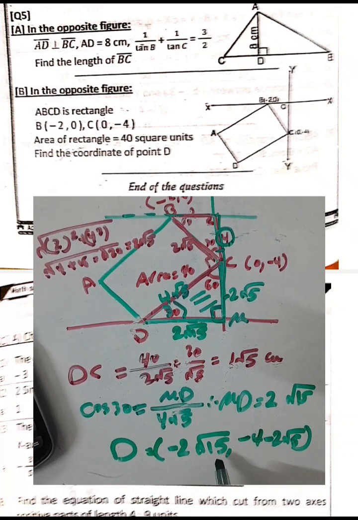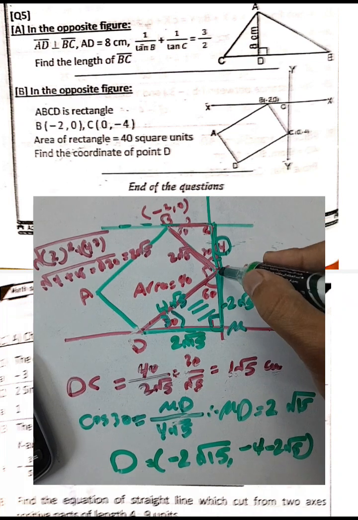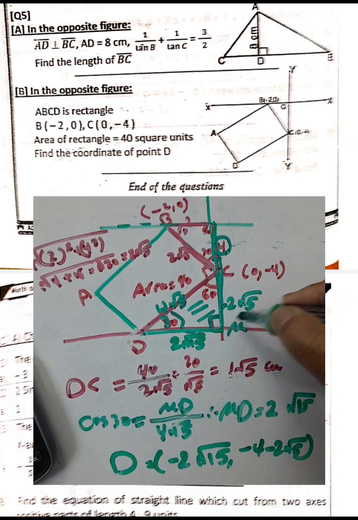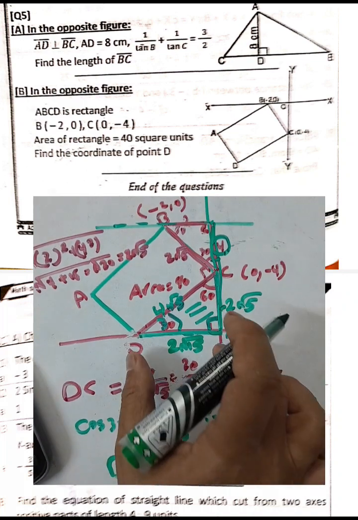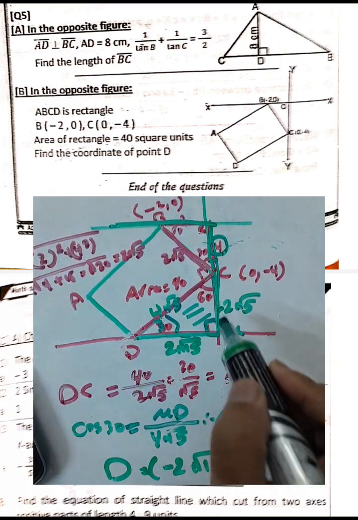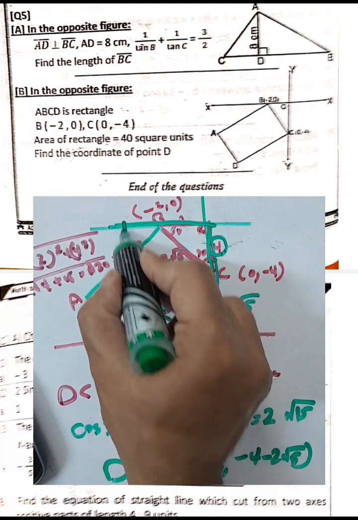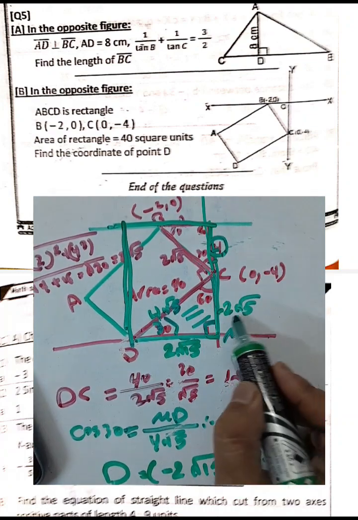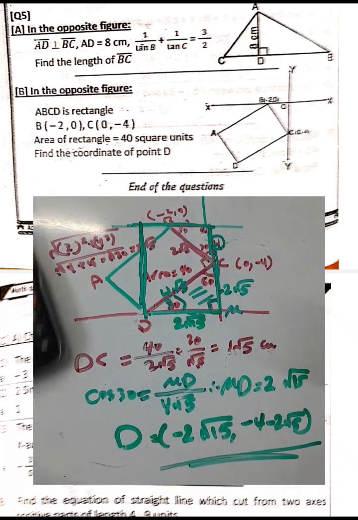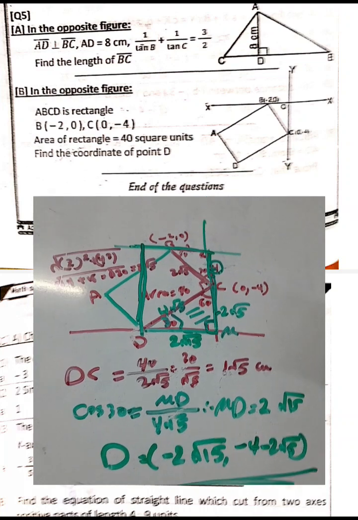It's the coordinate of point D. Negative 4 here, and negative 2 root 5, and here 2 root 15. Going here, negative 2 root 15, and down this side length. You can find the coordinate in the simplest form by your calculator, or it's finished as you like. Okay.